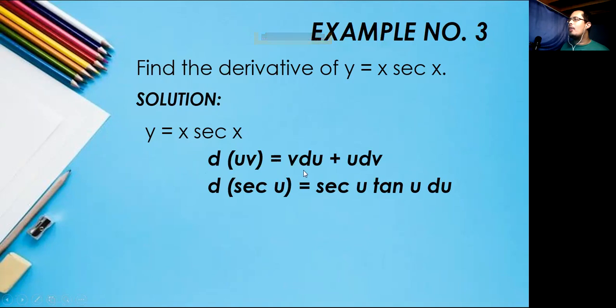The product rule for differentiation is the derivative of uv, which is equal to v du plus u dv, and the derivative of secant of u is equal to secant of u tangent of u du. Actually, we have three formulas because the derivative of x is equal to 1.